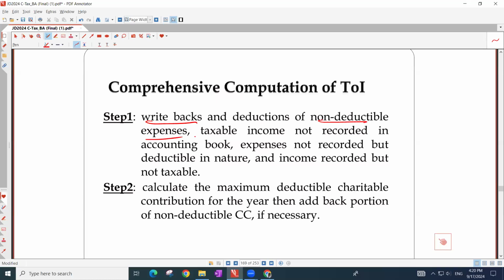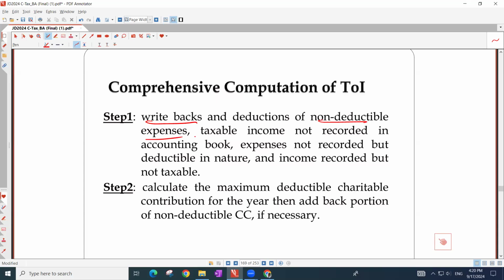Next, taxable income not recorded. Some income, from a tax perspective, is subject to tax, but accounting is not required to record it in the P&L. They have to add it back as well. From accounting, it is not considered as income.